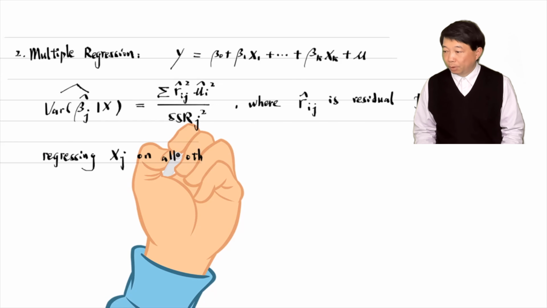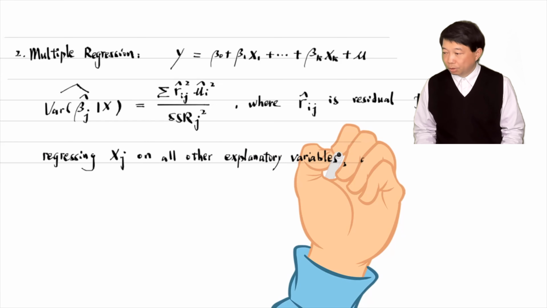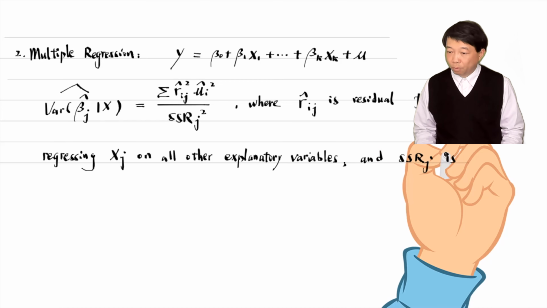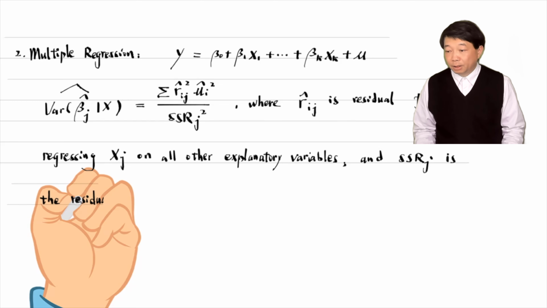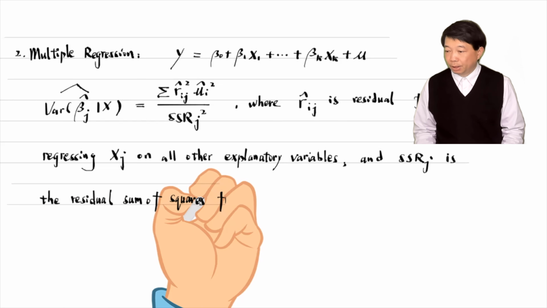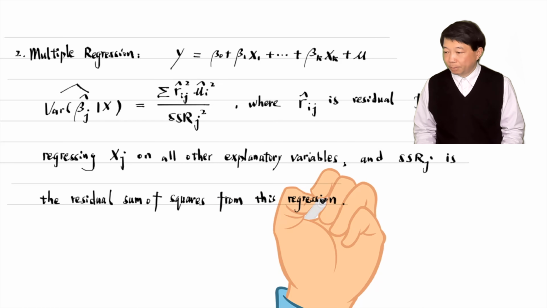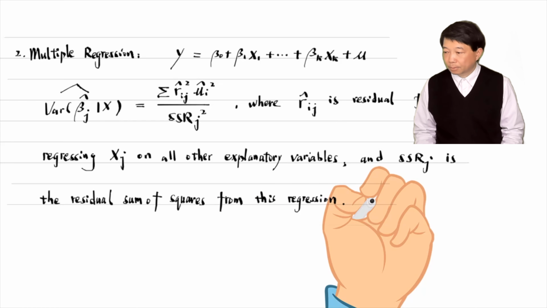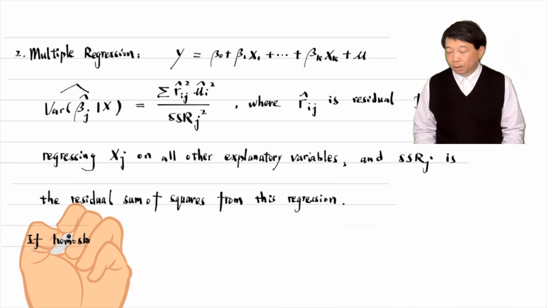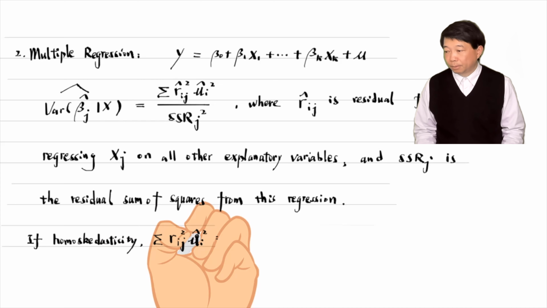The residuals from the regression of xj on all other explanatory variables play an important role in estimating the variance of OLS estimates. We can also simplify it under homoskedasticity. It leads to the familiar formula.